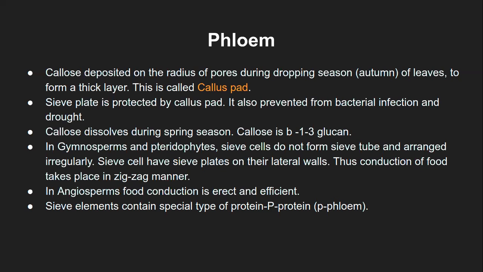Sieve elements contain a special type of protein, P protein. This protein is responsible for protection of these sieve tubes or sieve cells, and that is the function of this P protein. So that is the additional information we have with respect to the phloem.